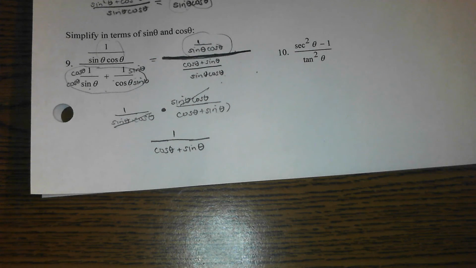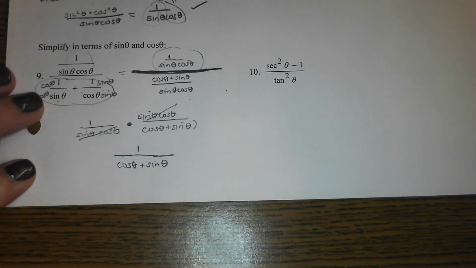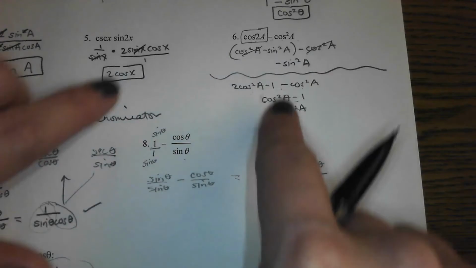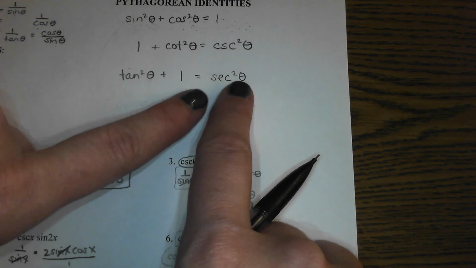What's your first gut instinct on 10 when you look at it? Top. You see the Pythagorean identity in the top? Secant squared theta minus 1 is a rearranged version of this.